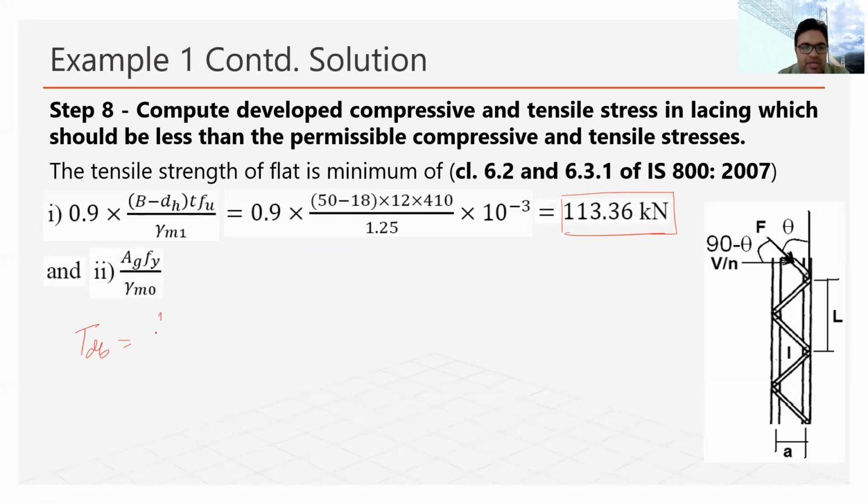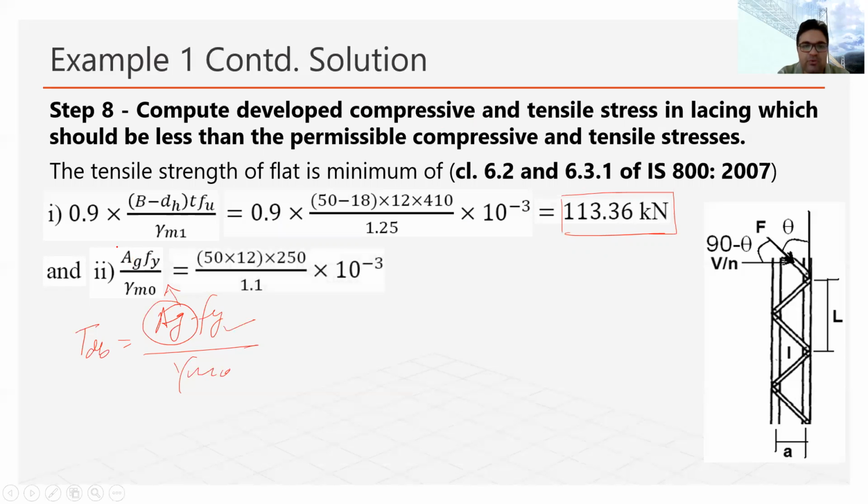TDB is equal to AG into Fy upon gamma m naught. AG is the gross cross-sectional area of the bar, and Fy is the yield strength. Here AG will be B into T. Putting the values again, the gross strength of the lacing bar will be 136.363.